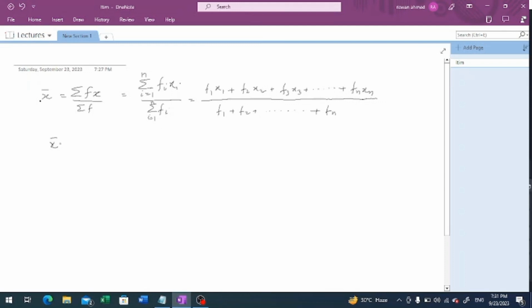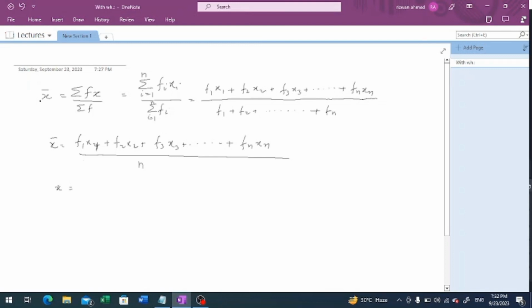Therefore, we can write it down further in this way: f1 times x1, f2 times x2, f3 times x3 up to n terms. Divide this by, we can simply write it down as n, that represents the total number of observations.